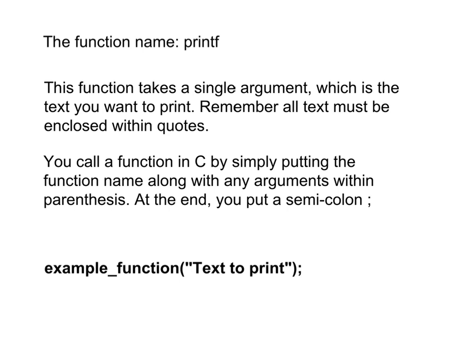So all you have to do is remember that the function name is printf, and the way you call a function in C is putting the function name followed by a parenthesis, and then the argument or arguments, which in this case is just going to be a string of text enclosed within quotes. At the end of that, you're going to put a parenthesis and then a semicolon at the very end.